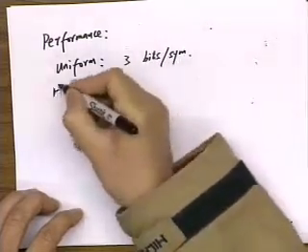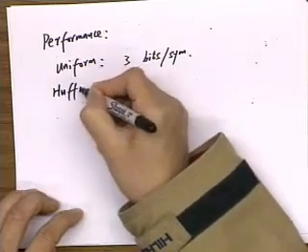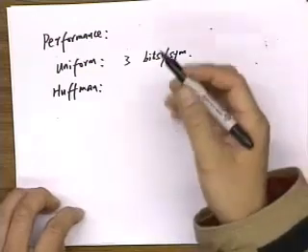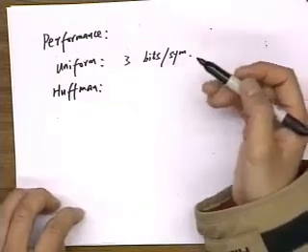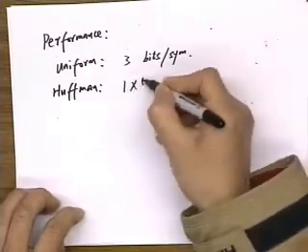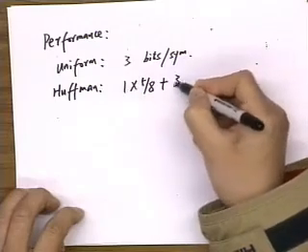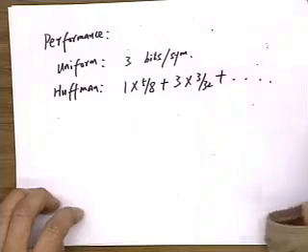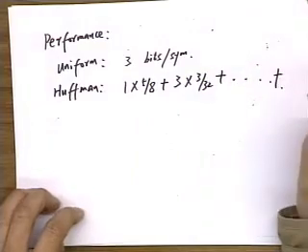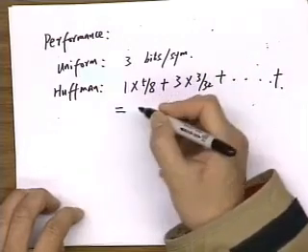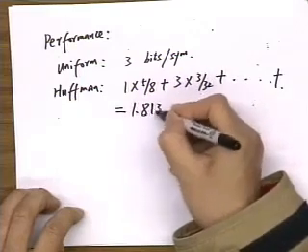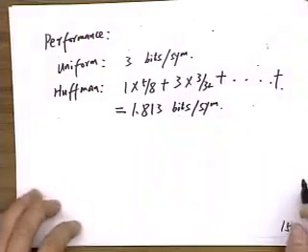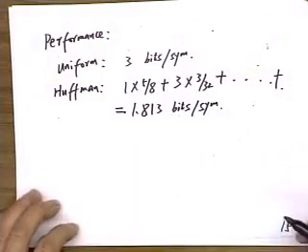By using Huffman coding, the average bits per symbol we can compute as the expected value, which is 1 times 5/8 plus 3 times 3/32 and so on. The result is 1.810 bits per symbol. We could see that by applying Huffman coding, we save more than 1 bit per symbol in this case.